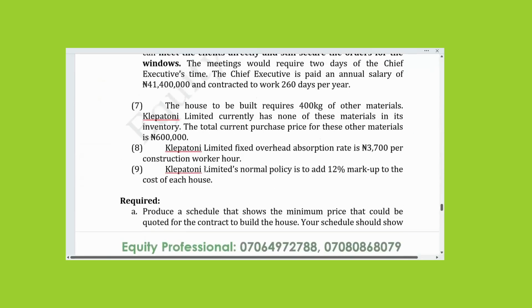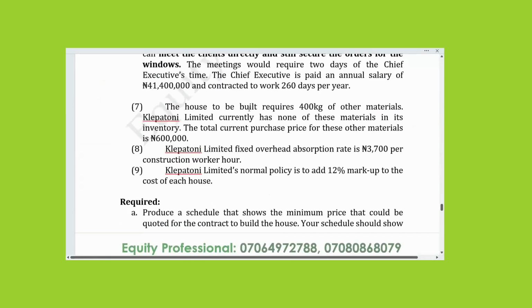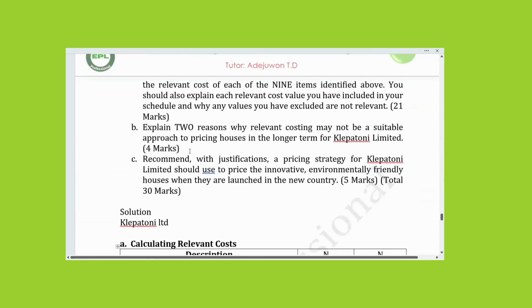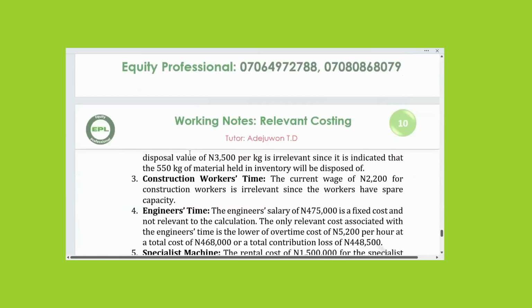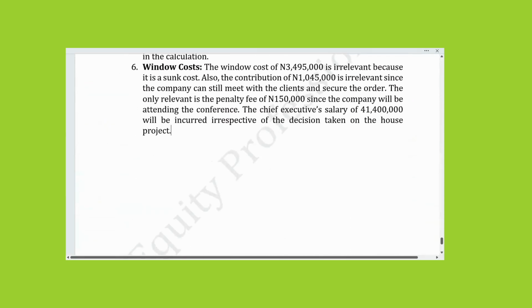Next. Number 7, the house to be built requires 400 kilograms of other materials. Okay, and the current purchase price is 600,000. We have used that 600,000 because it is relevant. So other materials. Number 7, other materials.